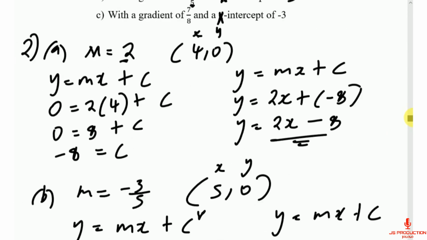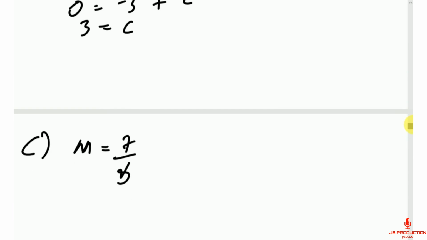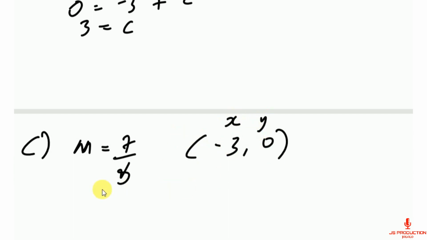So the gradient has been given as 7 over 8, and we have been told that our x-intercept is negative 3. Let me just check that. Yes, negative 3. So that means the coordinates are negative 3, 0. We know that's our x and that's our y.